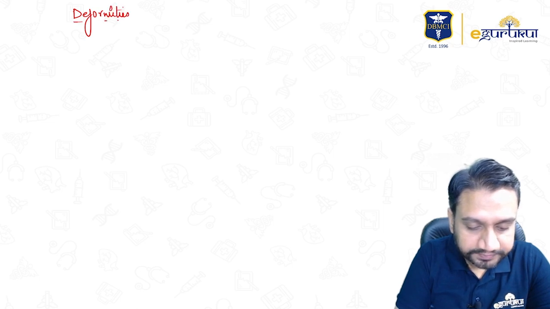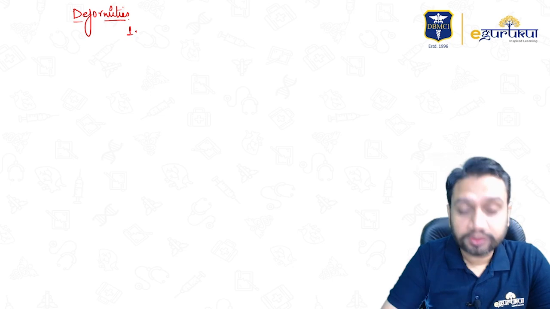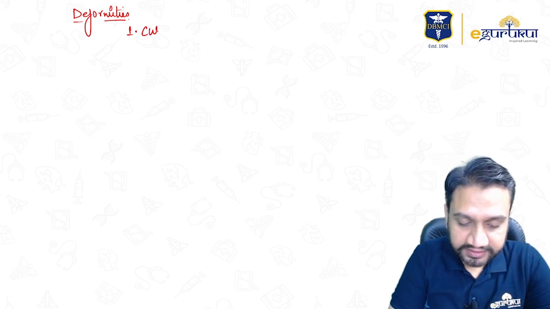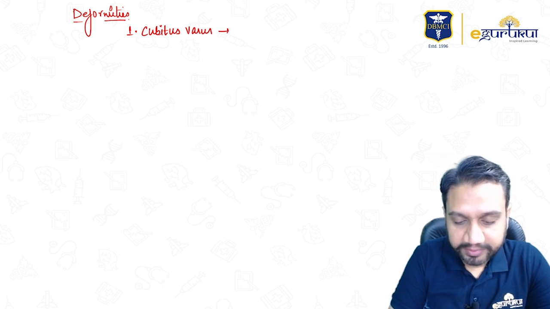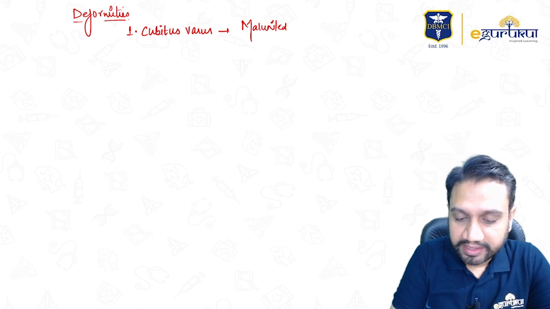In deformities, number one, the cubitus varus will be related to your malunited supracondylar fracture humerus, right?